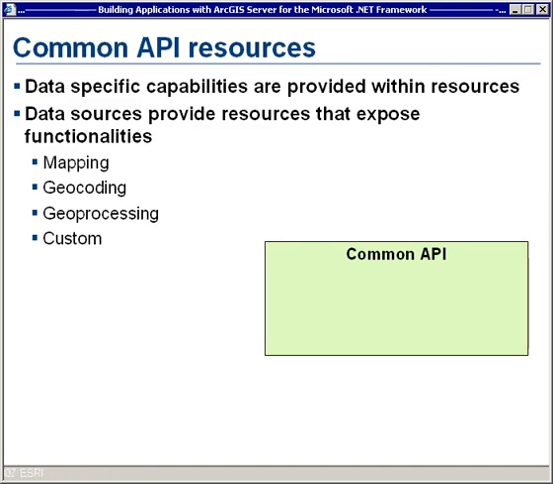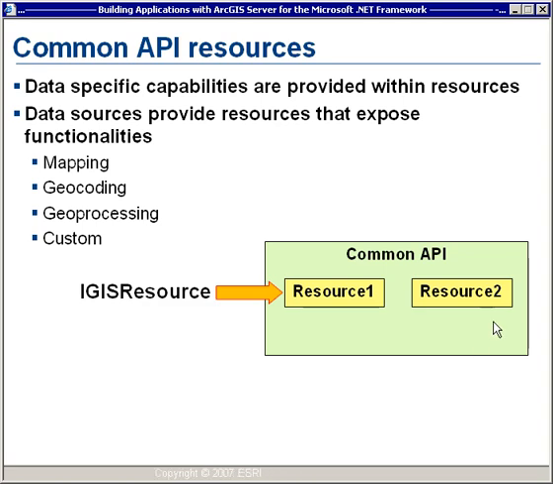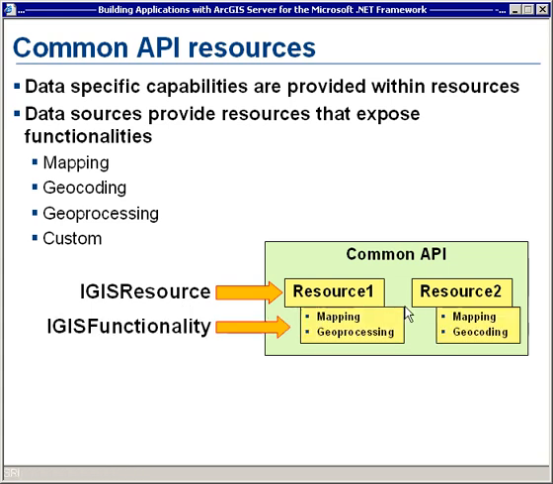So when you're working in the Common API, you're working with resources, and resources provide a generic interface to different functionalities like mapping, geocoding, and geoprocessing. In this example, we may have two resources, resource 1 and 2. We may work with the ArcGIS resource interface for these different resources.